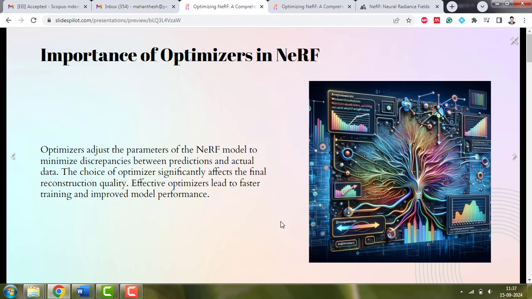Effective optimizers lead to faster training and improved model performance. These are the things that we observed during our work. We felt optimizers are an essential part of NeRF, and there are other things also available, which I'll be discussing at the end of the presentation.